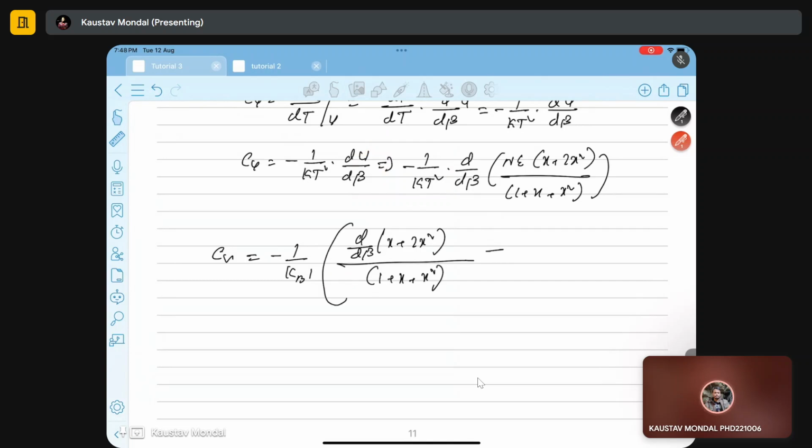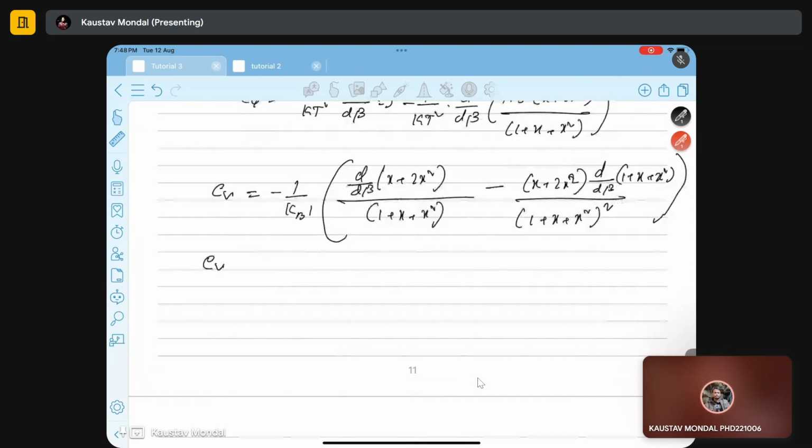Now the derivative on the other side will become (x plus 2x squared) over (1 plus x squared) whole squared, d beta of (1 plus x squared). This is it. So now Cv would become minus 1 by kBt into the derivative of x with respect to beta.